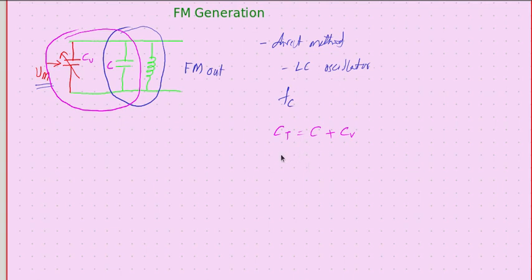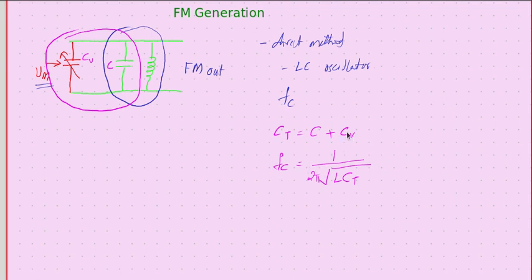So if this happens, then the oscillator now works for the new capacitance. That is given by 2π√(L·Ct), where Ct is our total capacitance. And if this capacitance varies because of the varying capacitance Cv, then the frequency varies.